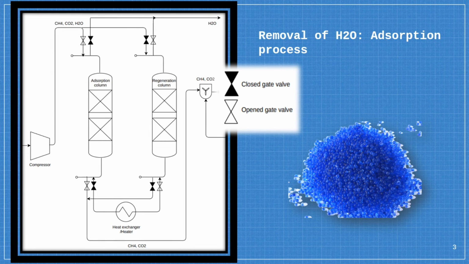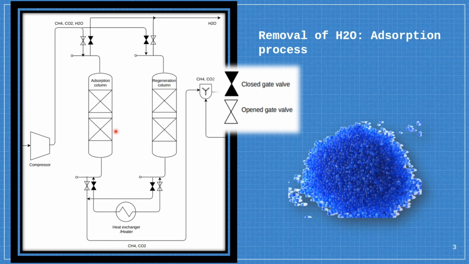For the next process, which is the removal of water vapor, the adsorption process is used. The stream from the absorption unit just now, containing methane, carbon dioxide and water, enters the adsorption column containing silica gel. This is the figure showing silica gel. Silica gel in the adsorption column will adsorb the moisture from the stream.